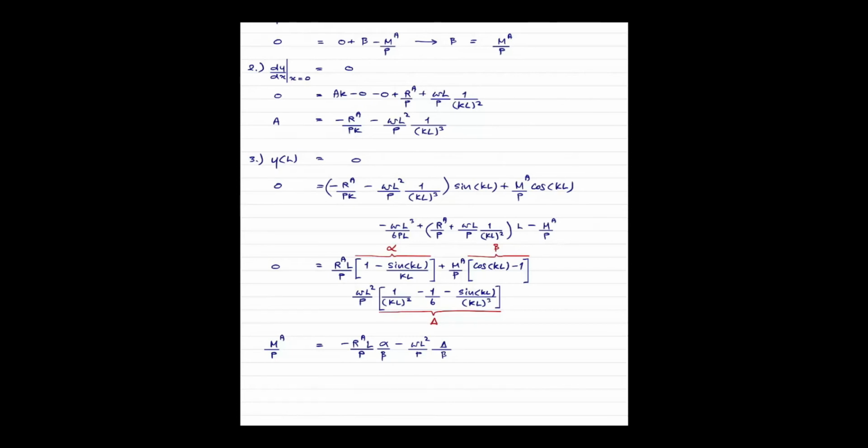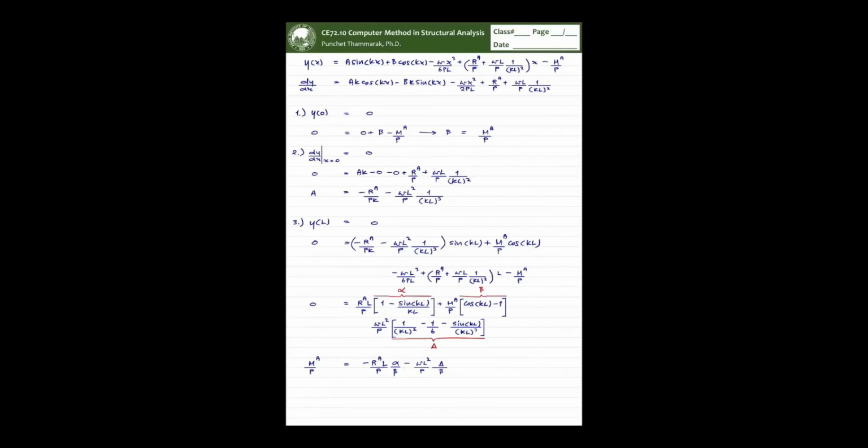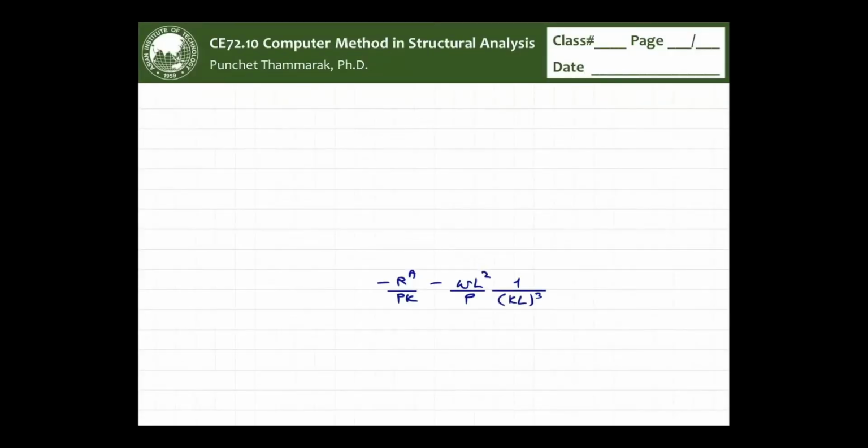Okay, so move to equation number 4. Substitute AK, condition number 4, dy dx at L equals to 0.